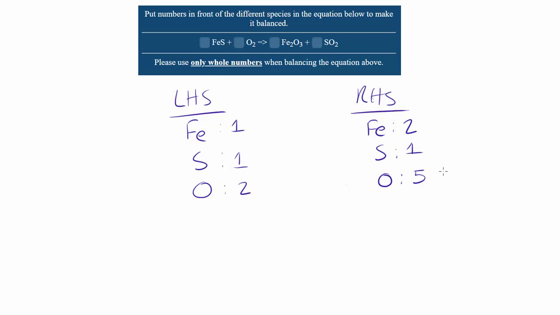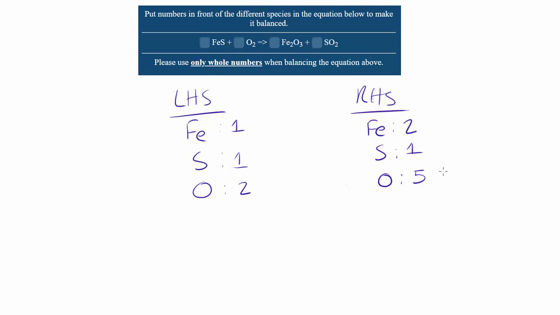Now, if we bring our attention to the actual equation itself, it would make more sense to focus first on the iron, specifically because, as you can see in the equation, it occurs in a form where it's not on its own. You've got FeS, whereas oxygen in the equation does occur on its own.